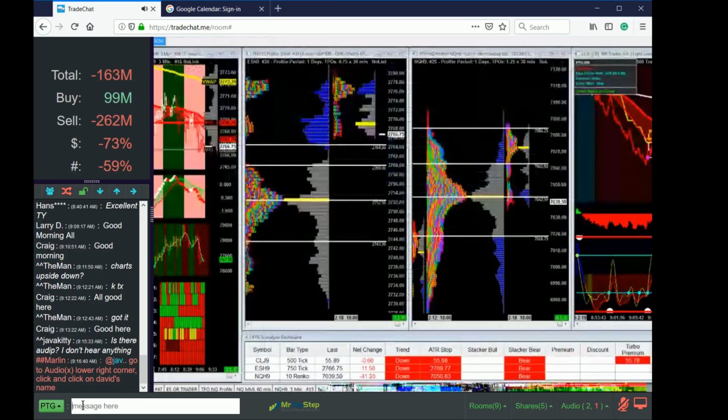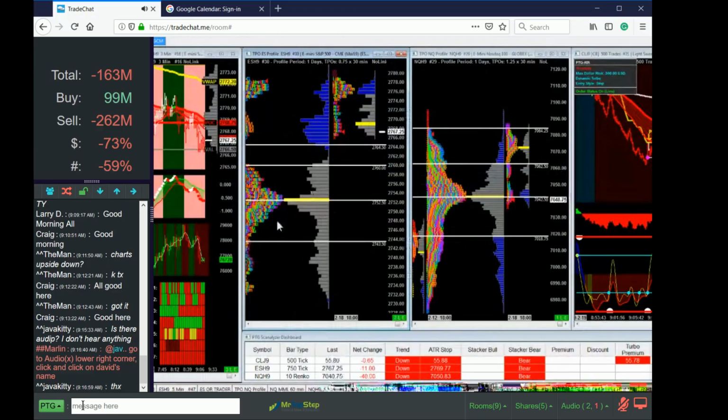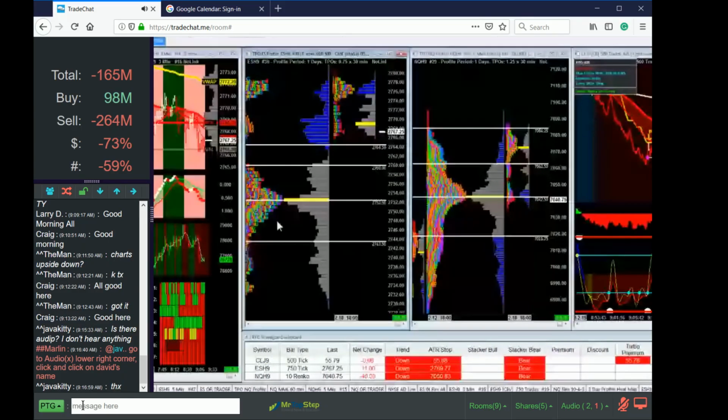So what I've done here is on the S&P. The S&P is here on the left 3 charts, and I've combined a number of different profiles. Many of you are very learned in profiles, so I'm not going to go into deep education and explanation of profiles. There's a lot of information out there.